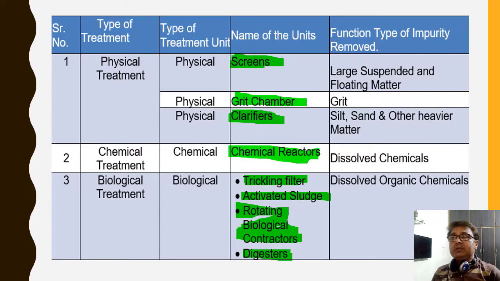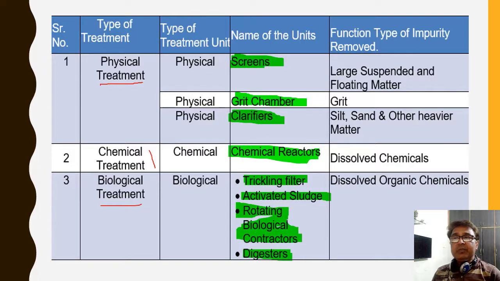So here these are the three types of treatment which we impart to the wastewater: physical treatment, chemical treatment, and biological treatment. Different units employed in physical treatment can be screens, grit chambers, and clarifiers.